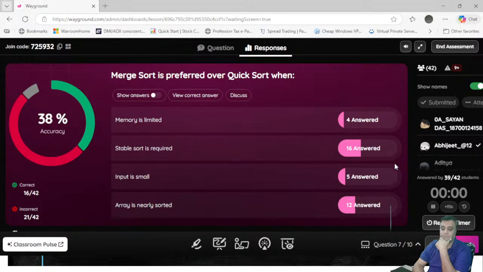Merge sort is preferred over quick sort when the array is nearly sorted. Now, nearly sorted, yes, because quick sort will run into danger when the array is sorted. But more than that, I told you, the benefit of merge sort is that it does a stable sort, which means if there are duplicate numbers, then it maintains the sequence. Which do you think is important?